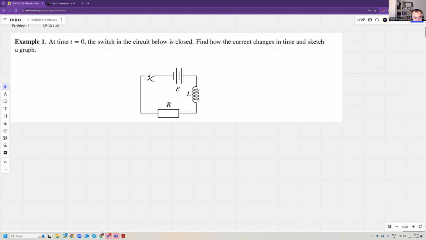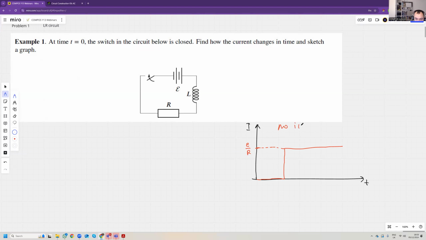Well, if there was no inductor, that would be very easy. You close the circuit, and the current would just jump. So the current versus time, and the current is 0, 0, 0, 0, and then you press the switch, and the current becomes EMF divided by R. That's what happens if you have no inductor.